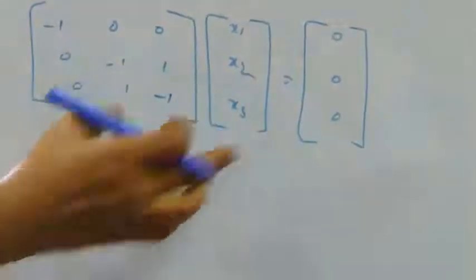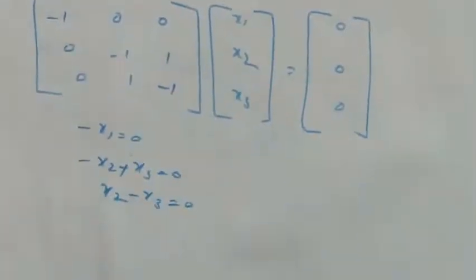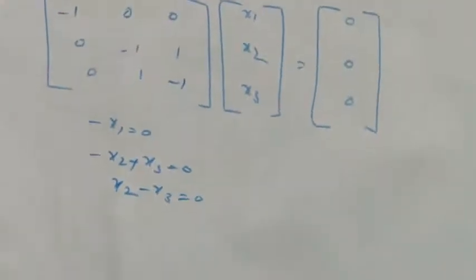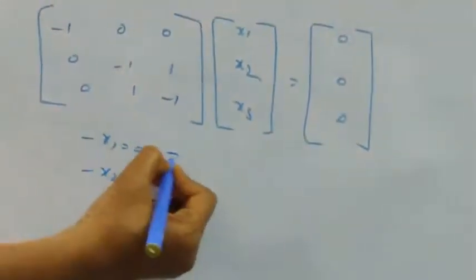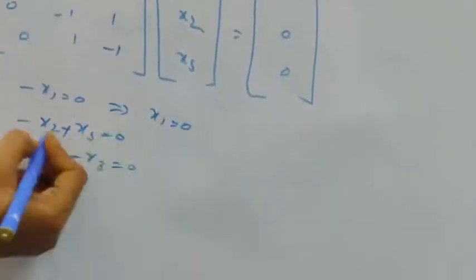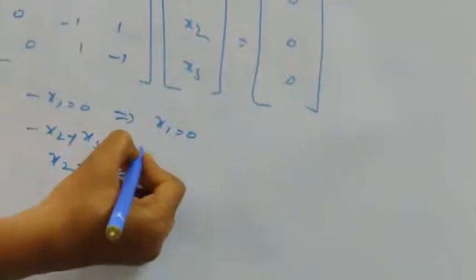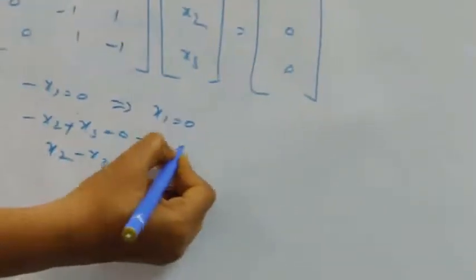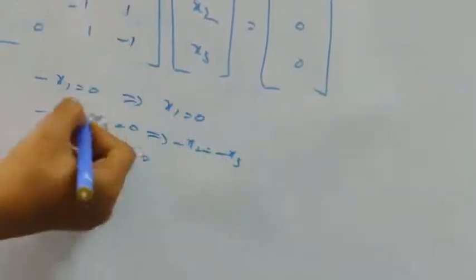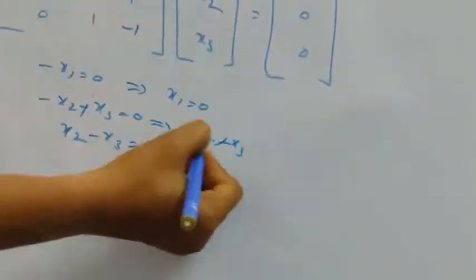So by solving this, we got 3 different equations. Now from this, minus x1 is equal to 0, so x1 is equal to 0. Coming to this, minus x2 is equal to minus x3. Send this x3 to RHS, minus minus gets cancelled.